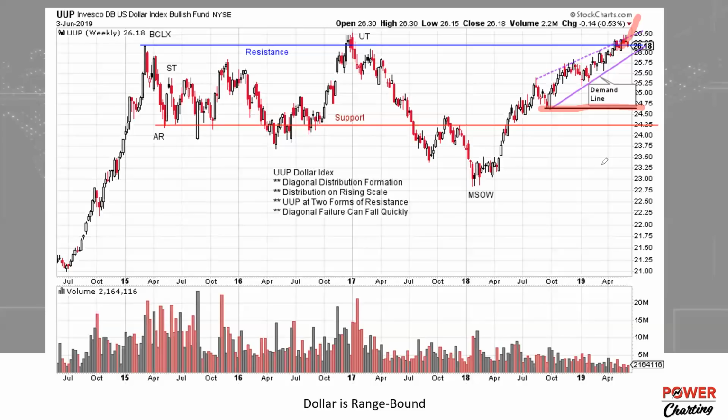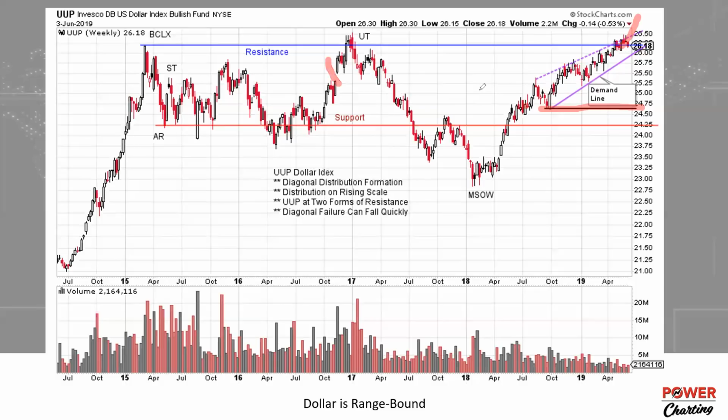It's kind of a nuance, but what I want to do is show you an example with the dollar of this, so that you can think about how we might have large informed interests like the composite operator using a rising trend to raise cash, sell stock, reduce their positions because they are using the strength of the market to be able to liquidate some or all of their holdings.